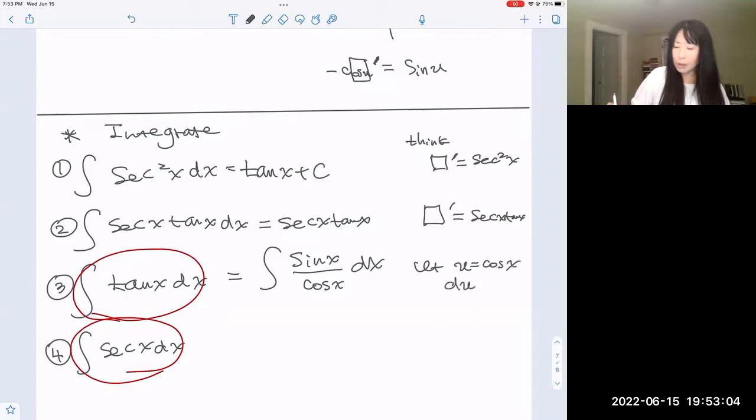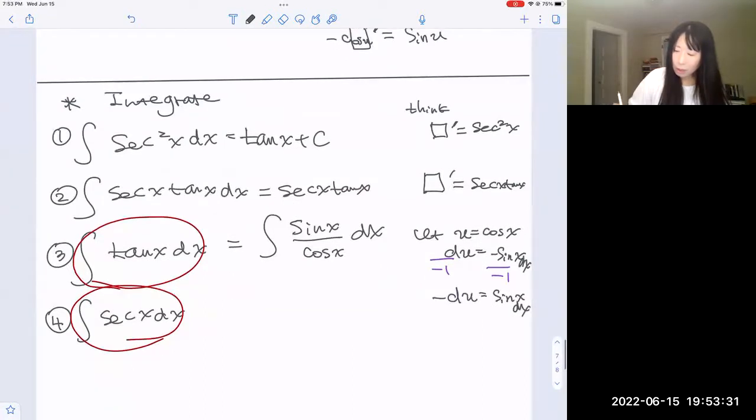What's the derivative? Negative sine x, excellent. We don't have a negative sign, so we divide by -1 on both sides. So we have negative du, which is sine x dx.